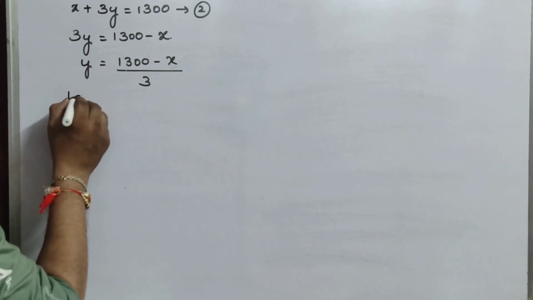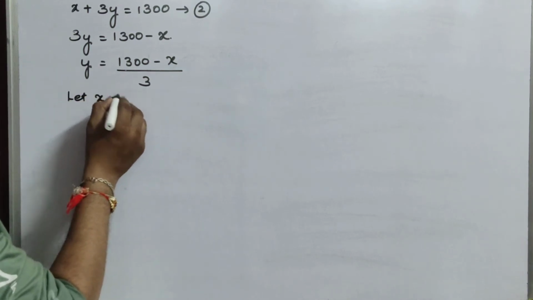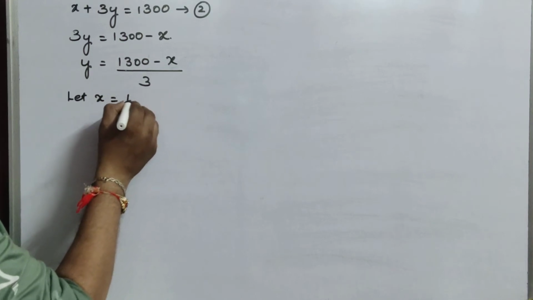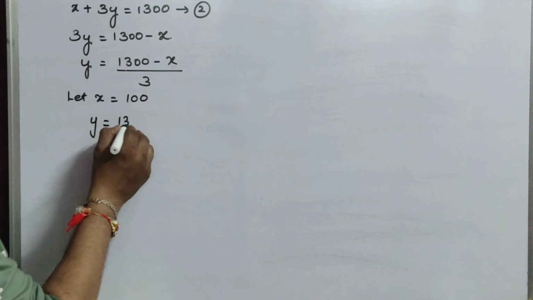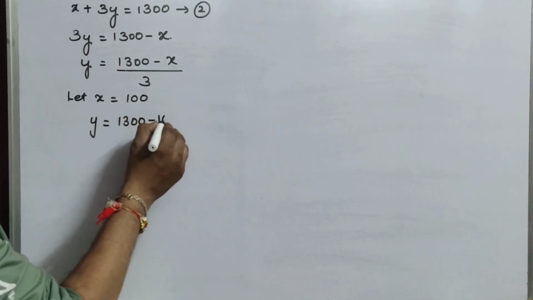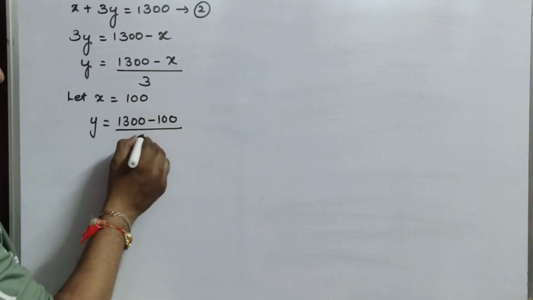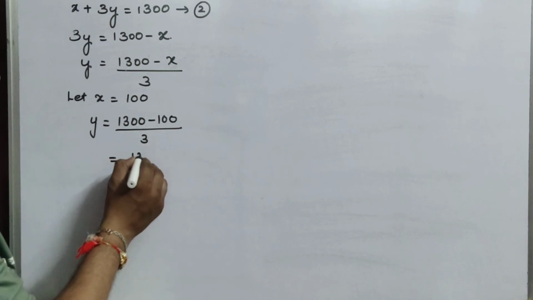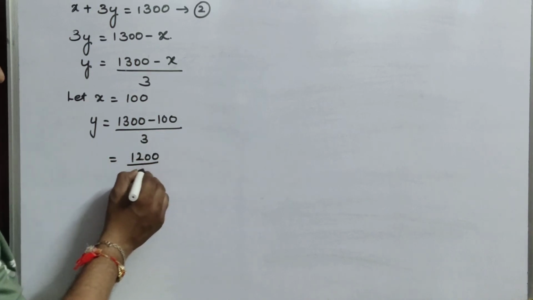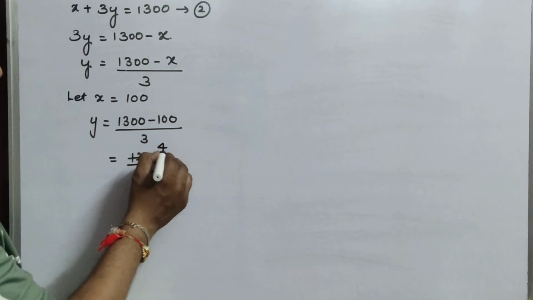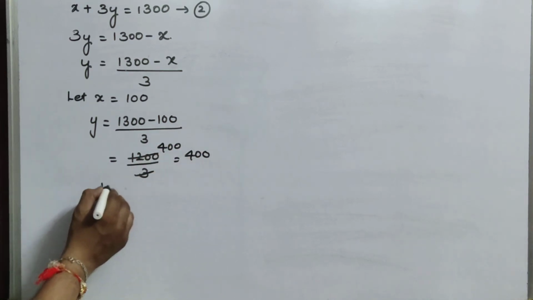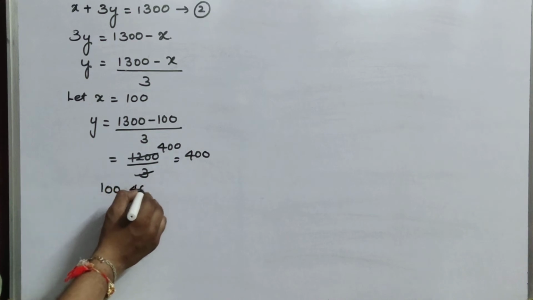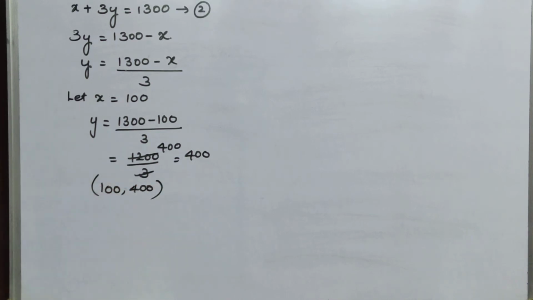Now let x equals 100, then y equals (1300 minus 100) by 3. That means 1200 by 3. So 3 ones are 3, 3 fours are 12. That means 400. That means (100, 400) is one point.